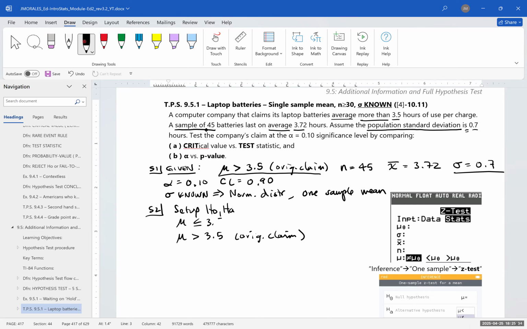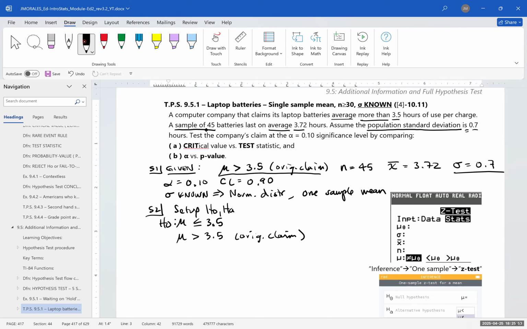The null hypothesis is the inequality that actually has an equality in it. So that's going to be this top one because we have less than or equal to. And then the alternate hypothesis is our original claim.